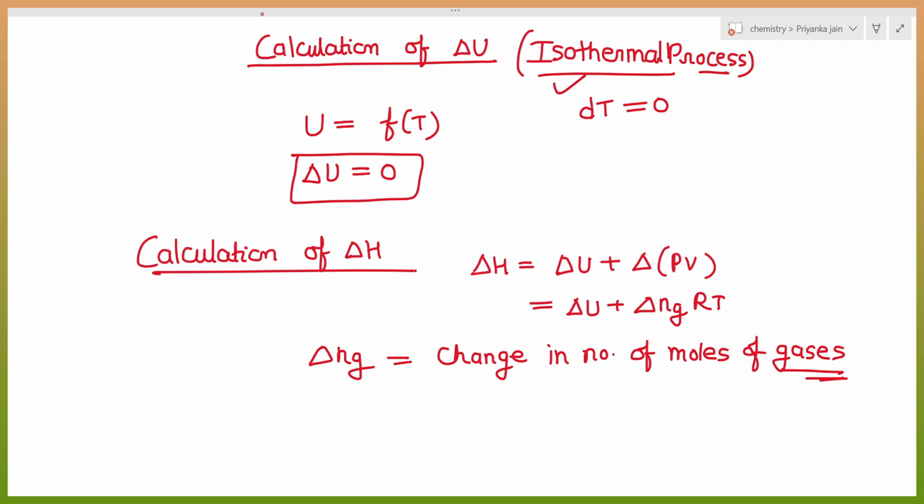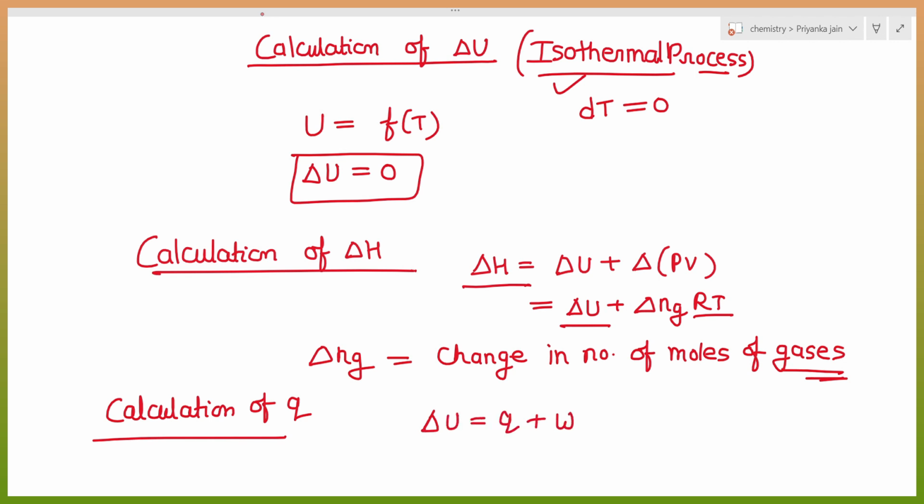RT is the gas constant and temperature, and del U we have already found here, so we can find the value of del H. Now the next thing is the calculation of Q. Q means heat change, and we can find it from the formula of the first law of thermodynamics: del U is equal to Q plus W. We know del U is equal to 0, so Q will be equal to minus W. So once we know the value of W, we can find the value of Q. In this way, we can find all the 4 variables that we need.